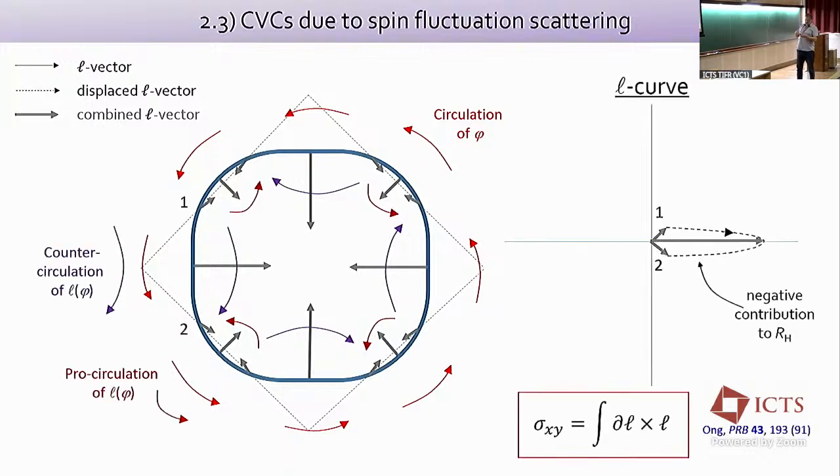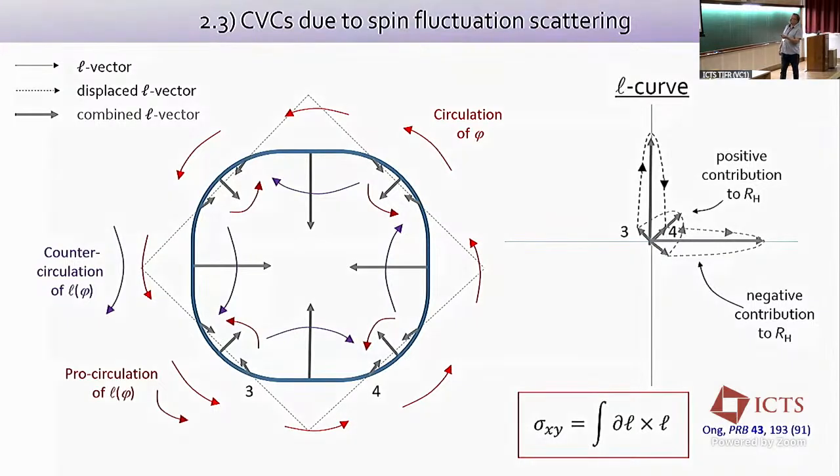Okay, so just in Ong's notation, you're sweeping out, going from 1 to 2. So you start at that point, you extend to this point, and then you go here. And so the circulation is providing this negative contribution. Then you have a positive contribution, and then a negative contribution, and so on.